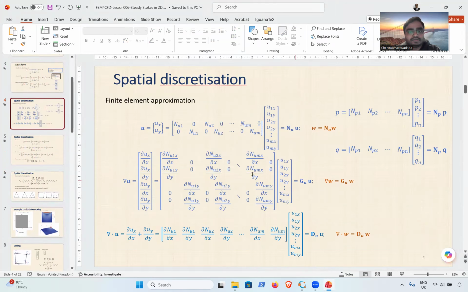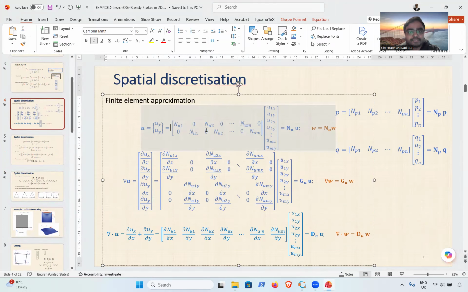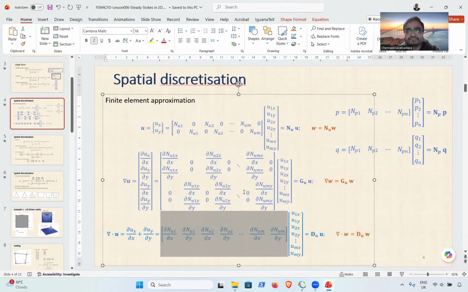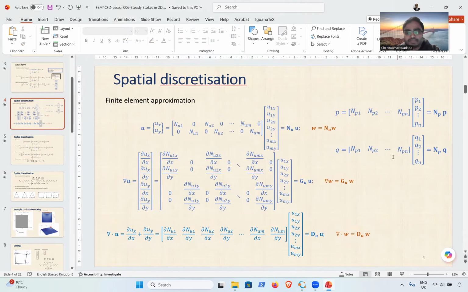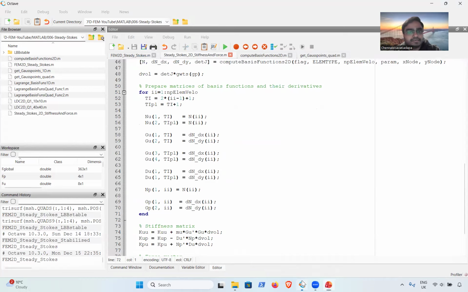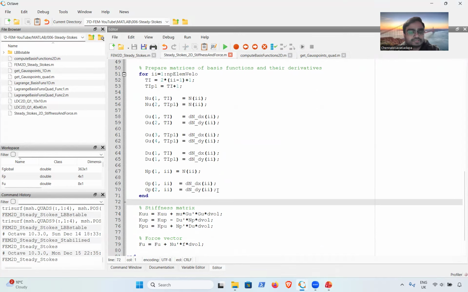So this is our NU matrix, and this is our GU matrix, and this is our DU matrix. And this is our NP matrix. I also have the GP matrix, which we will need in the future. So we prepare these matrices.